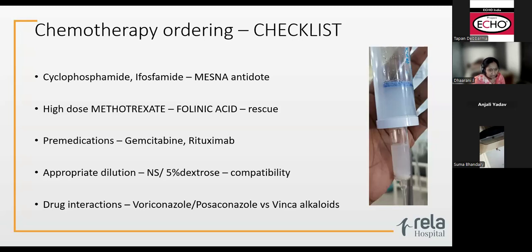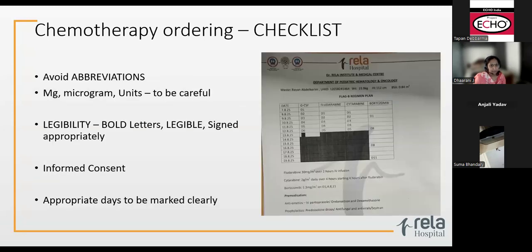Whenever we give vincristine, that particular day we will not give voriconazole, or we have to reduce the dose of vincristine. Either one thing has to be done. And whenever children get high dose methotrexate, we should not be giving the routine Septran prophylaxis. So remember these two drug interactions, so that we do not increase the toxicity.